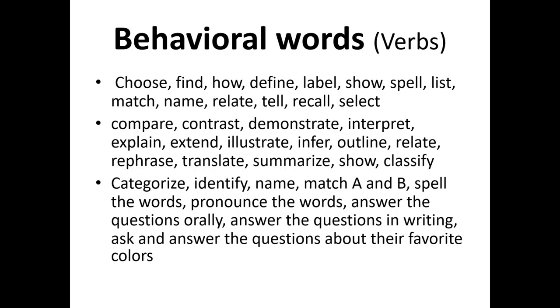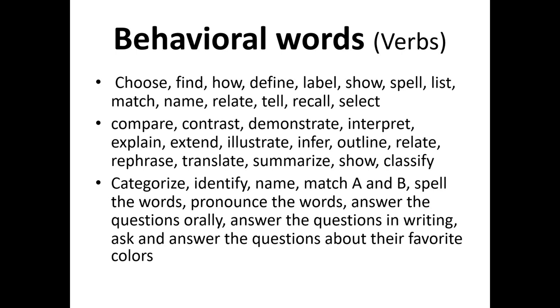So these are behavioral words that you can use, like choose, find, define, label, show, spell, list, match, name, relate, tell, recall, select, compare, contrast, demonstrate, interpret, explain, extend, illustrate, infer, outline, rephrase, translate, summarize, classify, categorize, identify, match A and B, spell the words, pronounce the word, answer the question orally, answer the question in writing, ask and answer the question about their favorite color, and so on and so forth.